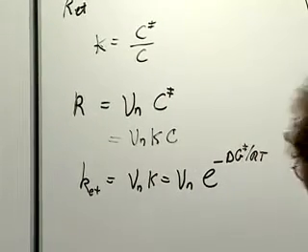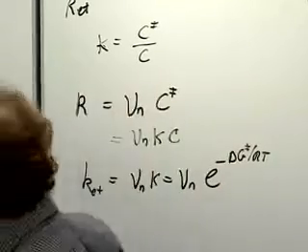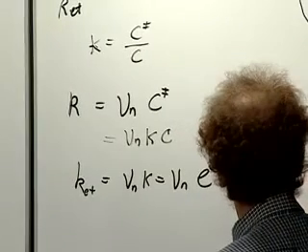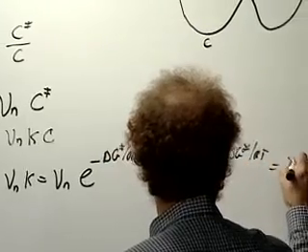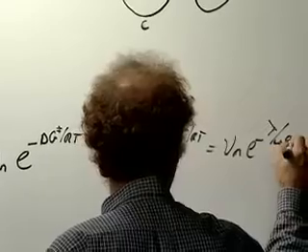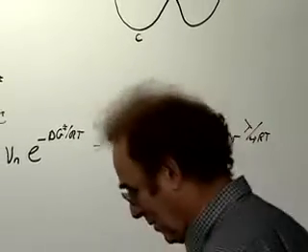In my case, I'm going to say this is the star, and this is nu n e to the minus delta G star over RT, or nu n e to the minus lambda over 4RT. Okay, so that's all very simple.